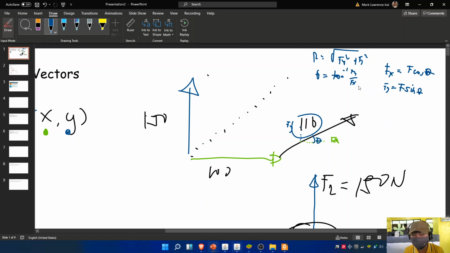So, if we're going to continue on this one, we have to focus in this one. So, our f of x is, we don't know. So, we have 110 multiplied by cosine.